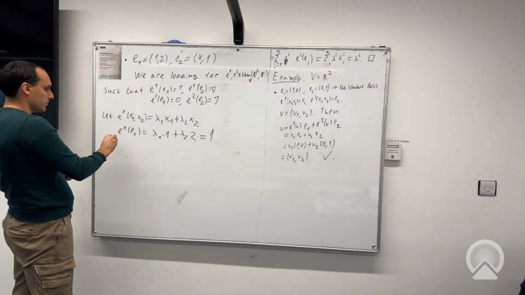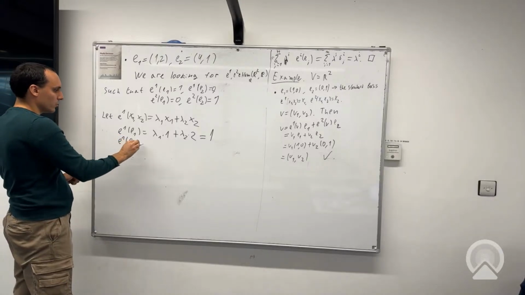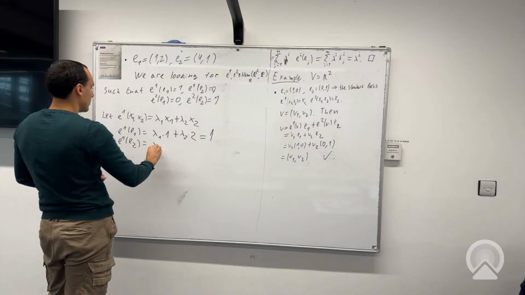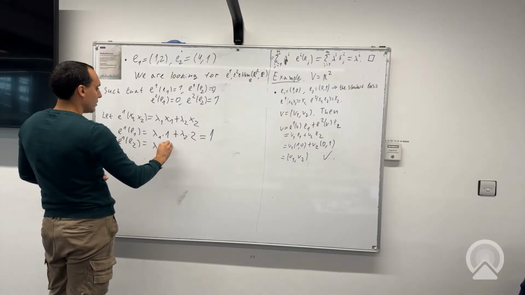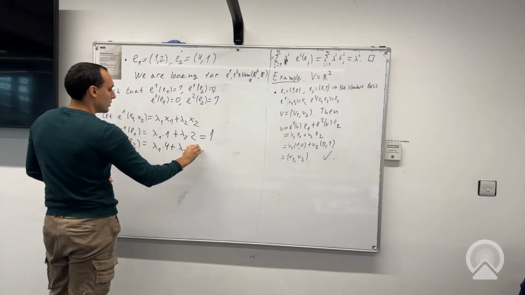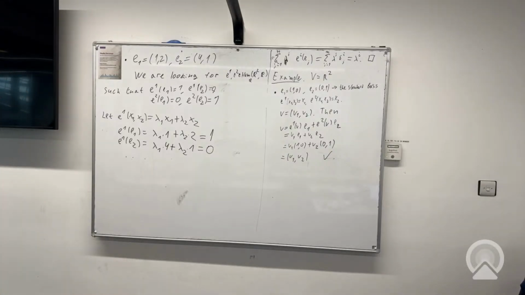And e^1(e2) is lambda 1 times 4 plus lambda 2 times 1 equals 0. And so we have this linear system.